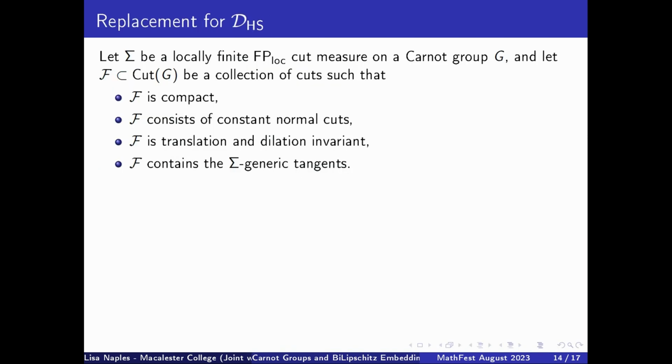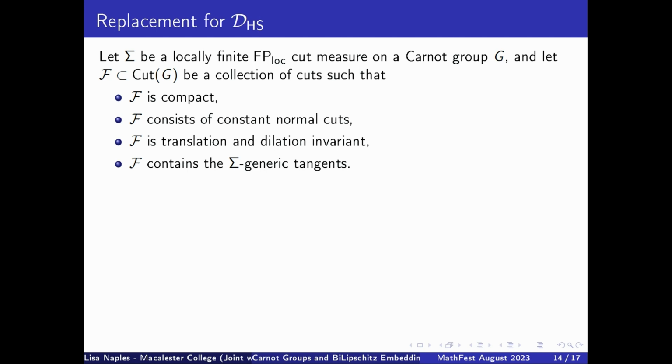Okay, so we need a replacement in that technical theorem of Cheeger and Kleiner in order to be able to prove that Carnot groups don't bi-Lipschitz embed into L1. The replacement that we choose is the following. We're going to take sigma to be a locally finite perimeter cut measure on our Carnot group.